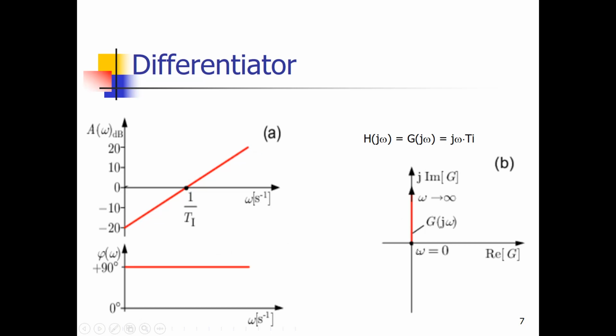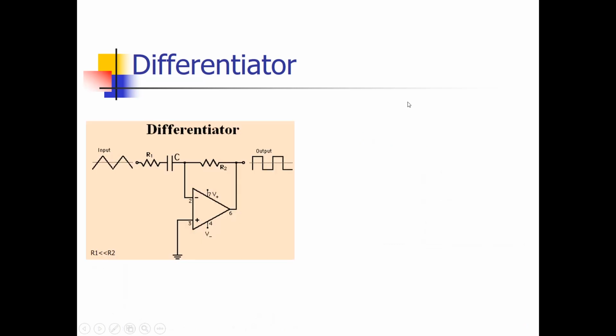So we start off in the origin and we are always on the positive imaginary axis. So my Nyquist plot looks like this: an increasing vector starting in the origin and ending on the imaginary axis in infinity. All right, now let's look at a realization of a differentiator with op amps and RCs.